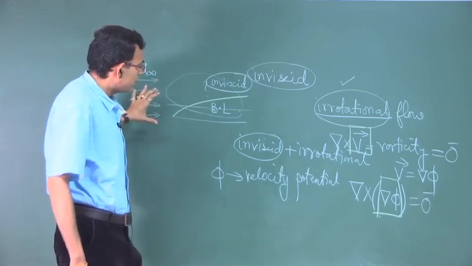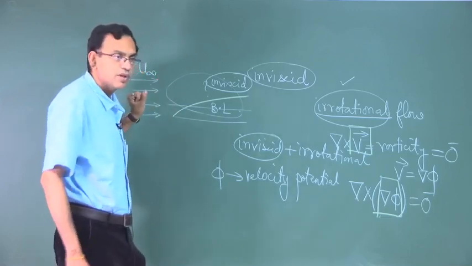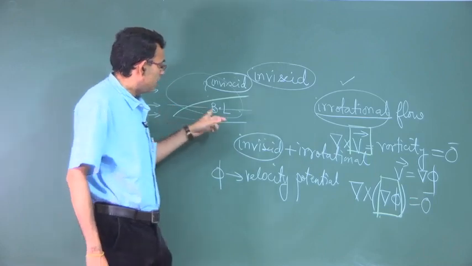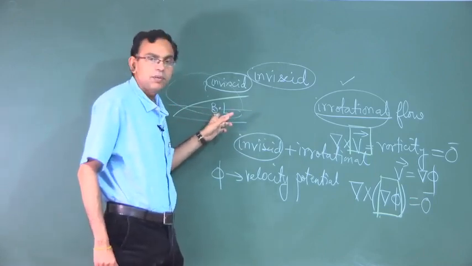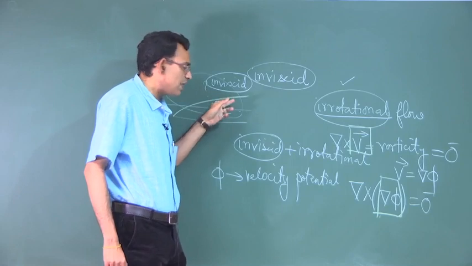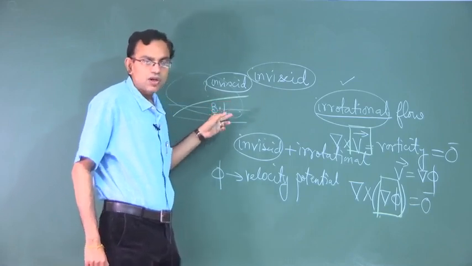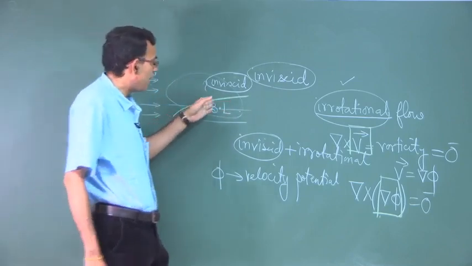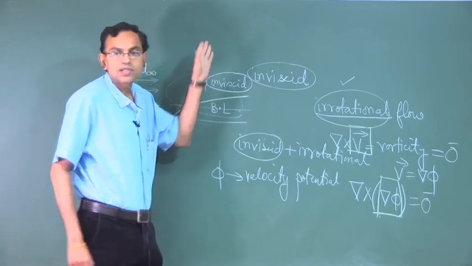As I told you, in all high speed flows you have the flow region demarcated by the boundary layer which is adjacent to the solid boundary, and an outer region which is outside the boundary layer.